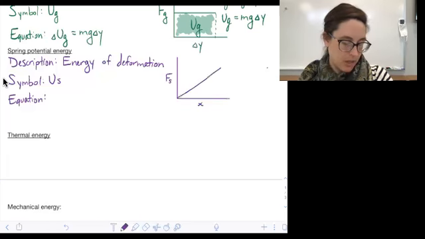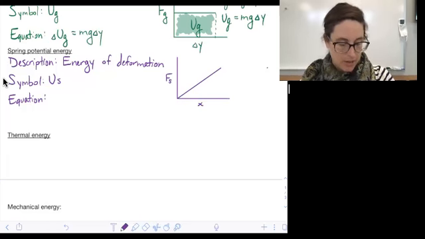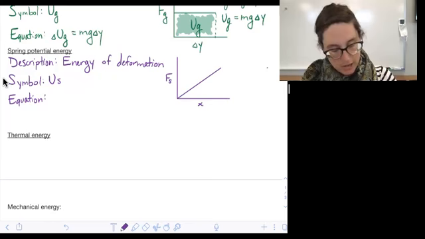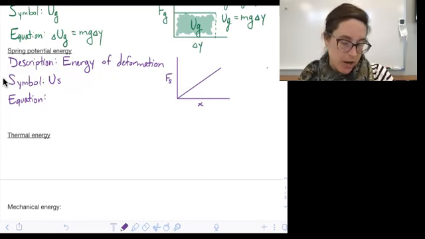Okay, so this one looks a little bit different. It is a triangle area that gets formed rather than a rectangular area that gets formed. But regardless, this area will give us that spring potential energy. So since it is a triangle, we're going to use the area of triangle formula, which is 1/2 base times height.